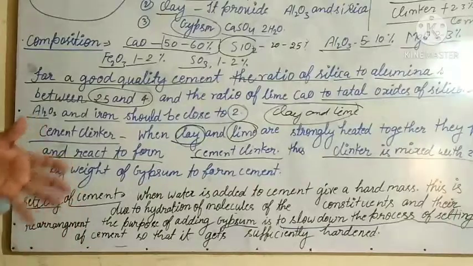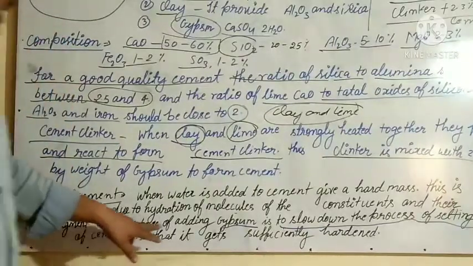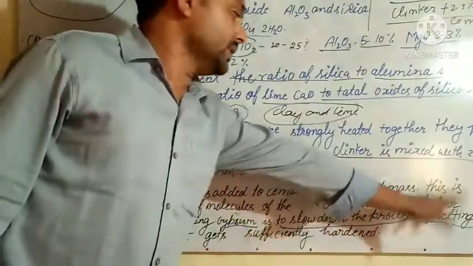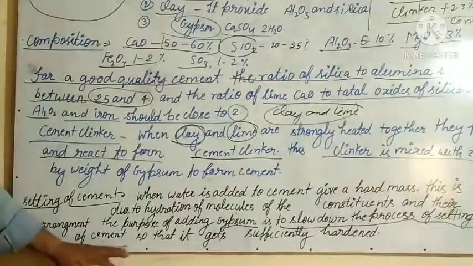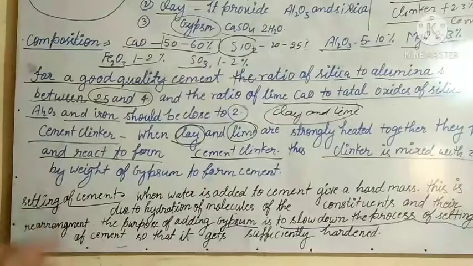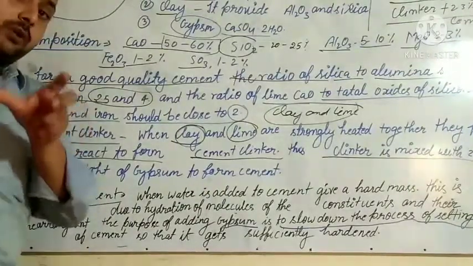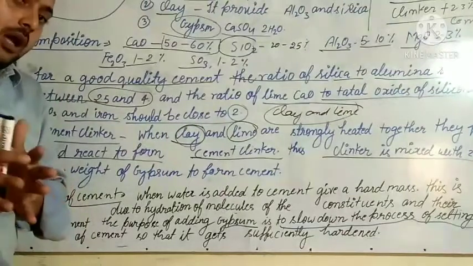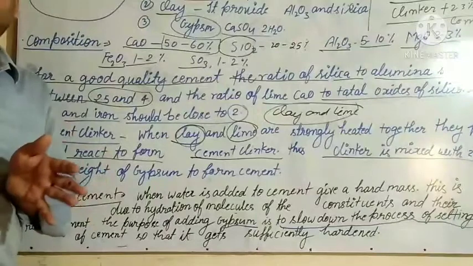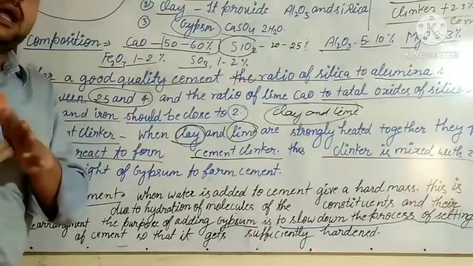In that we mix gypsum also. So what is the purpose of mixing gypsum? The purpose of adding gypsum to cement is to slow down the process of setting of cement. So that a limit or time is set in between, so that cement will be harder and more durable.